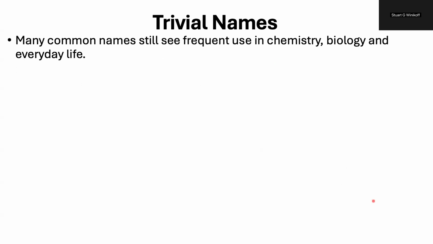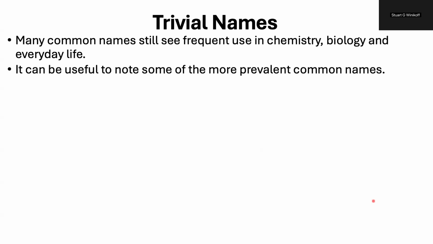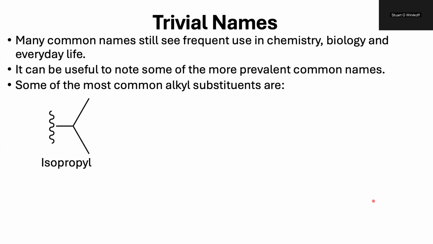Other common trivial names we may end up seeing a lot in either everyday life or other scientific fields are useful to keep in mind. Some of the most common ones you may encounter besides those ether names are some of our more common alkyl substituents, and these might sound familiar. For example, if I have an isopropyl group, propyl means that I have a 3-carbon chain, and iso means that I'm bound in the middle.